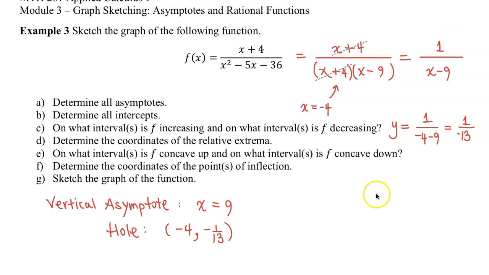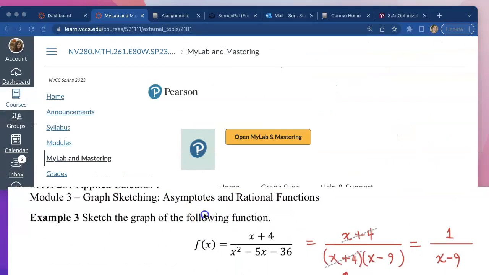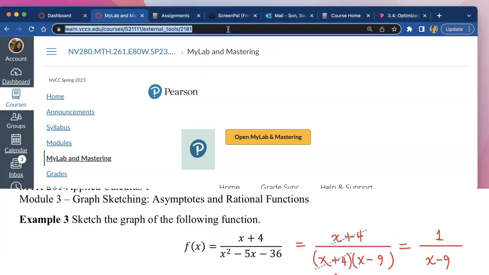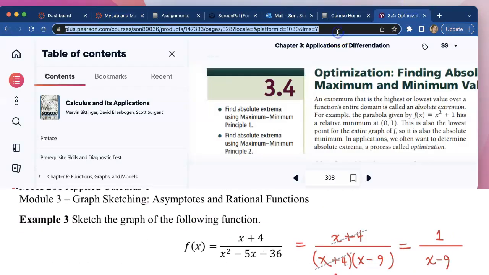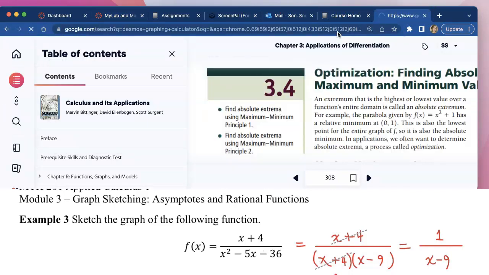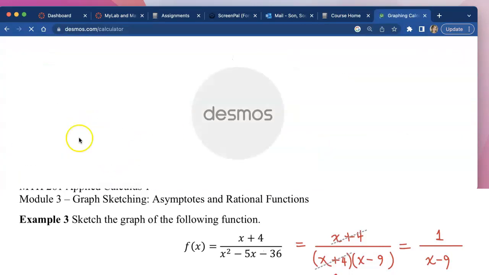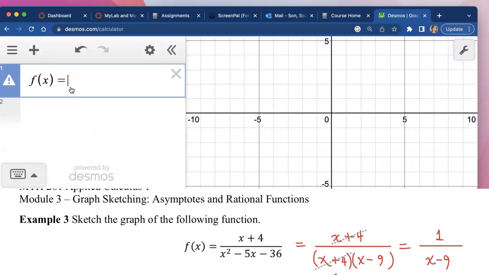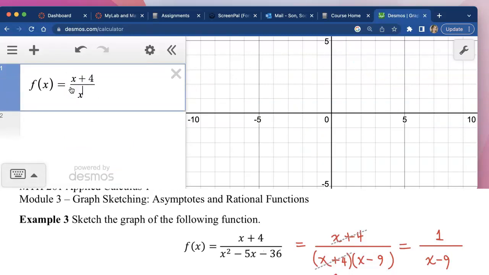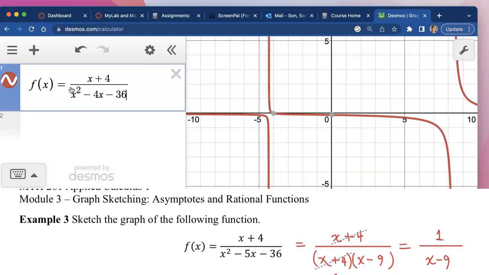And if you want to know if we're doing an okay job, if we're getting it right so far, I can bring up a graphing calculator real quick and try that with you, okay? So take a look. I'm going to go to Desmos graphing and then type in the original function, f of x equals x plus 4 divided by x squared minus 5x minus 36.